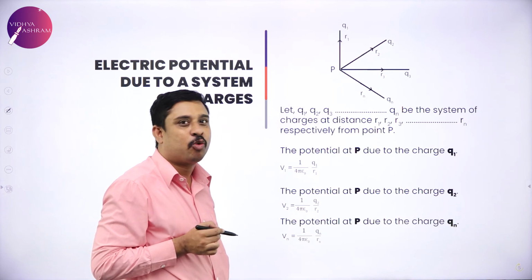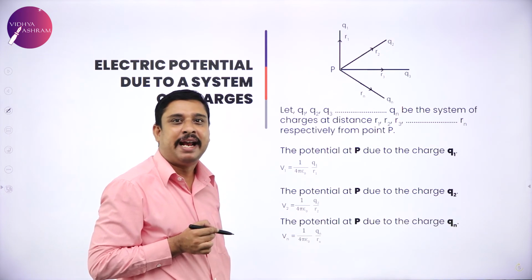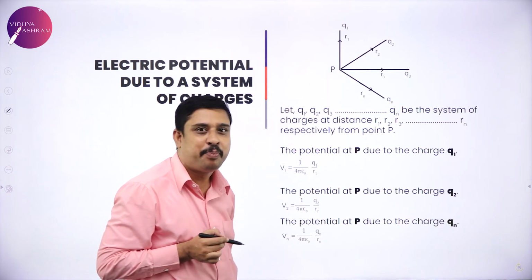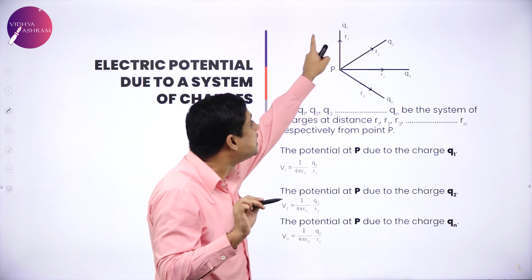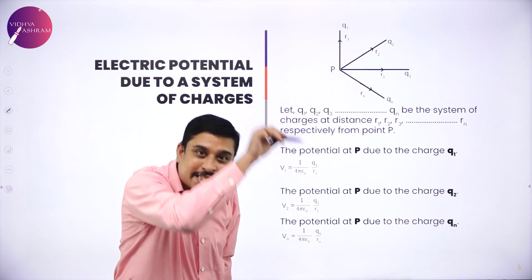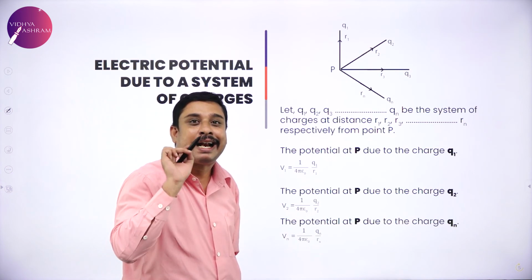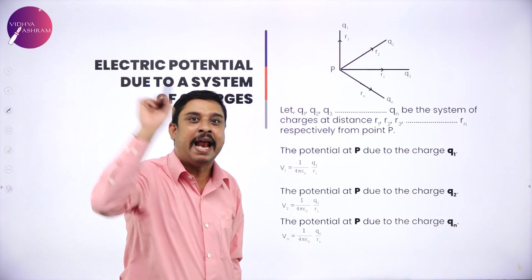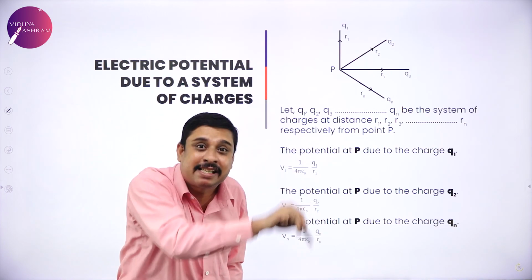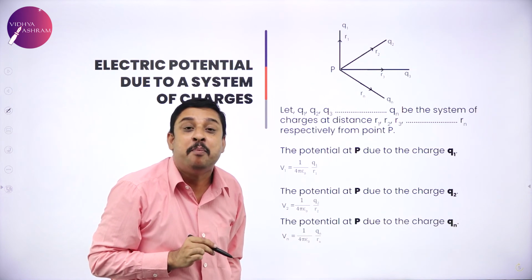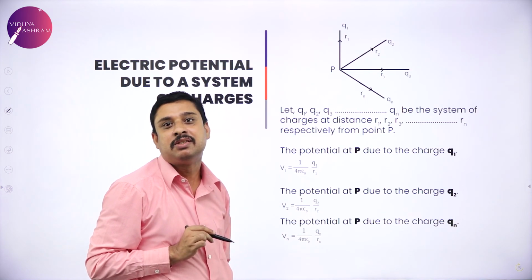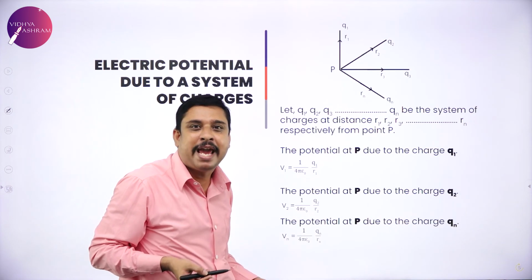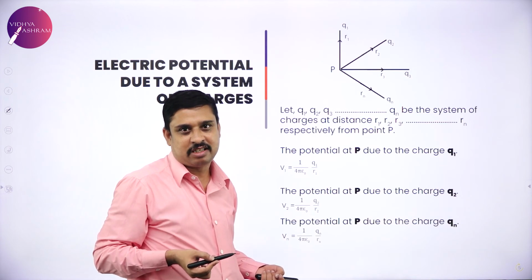What am I doing in this bookwork? I am calculating now potential at this point P, not due to a single charge, but due to the system of charges, the resulting potential acting on P when I consider the system to be a system of multiple charges. How do I do it? Simple. Calculate potential at P due to individual charges.